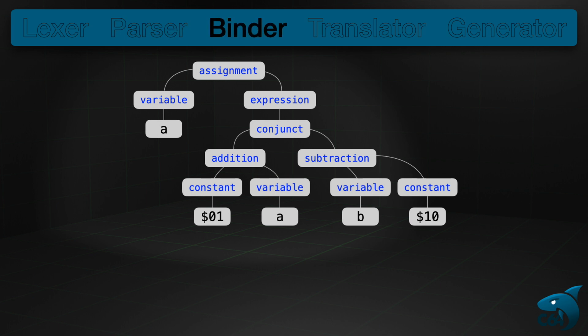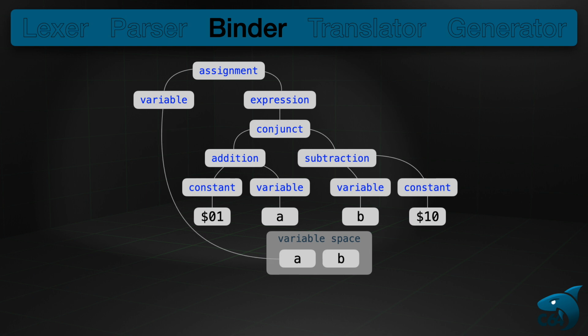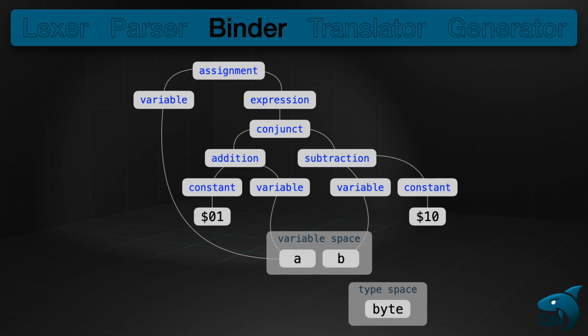In the object graph, all the variables are bound to object instances with type information. So in addition to the syntax tree, the binder has a variable space. The variable space consists of variables that have been already defined in the program. Then the binder maps all the variables in the syntax tree to the corresponding object instances in the variable space. In addition to the variable space, the binder has also a type space.